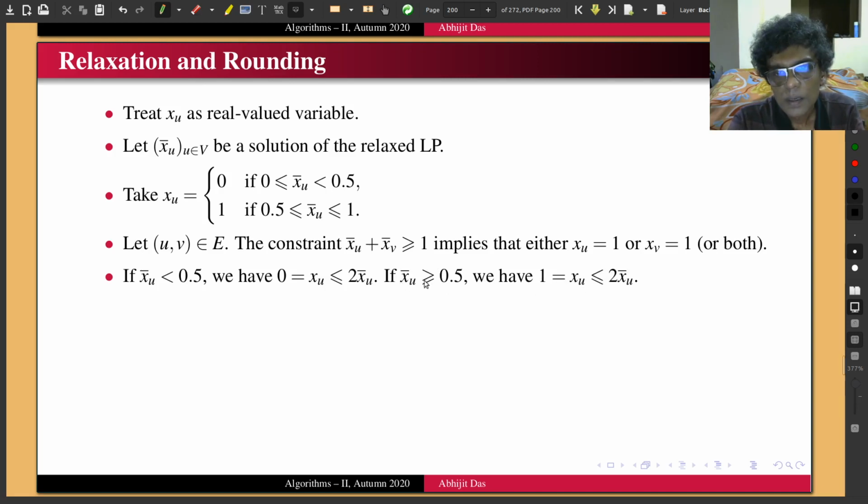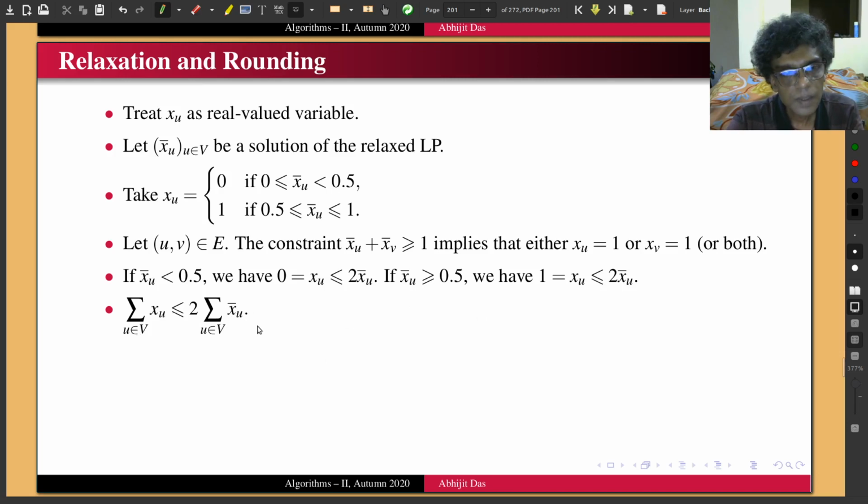But if I multiply the real valued solution by 2, 1 is less than or equal to 2 times X. So in either case, the rounded value is less than or equal to 2 times the value returned by the relaxed LP solver. And therefore, if I add them up, we have this inequality: the summation of XU will be less than or equal to 2 times the summation of this.